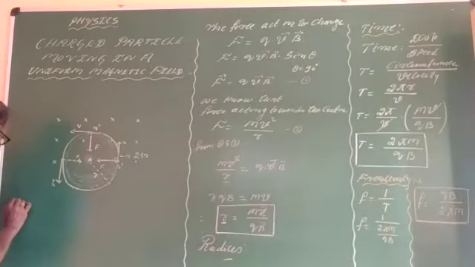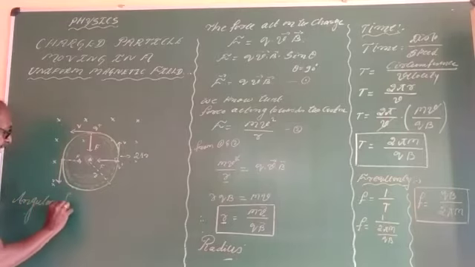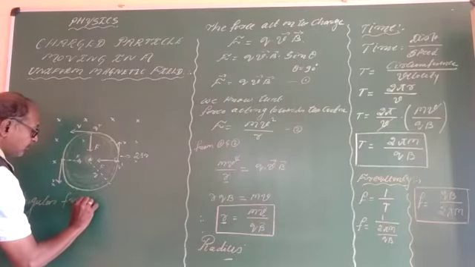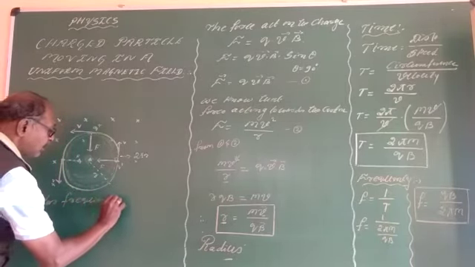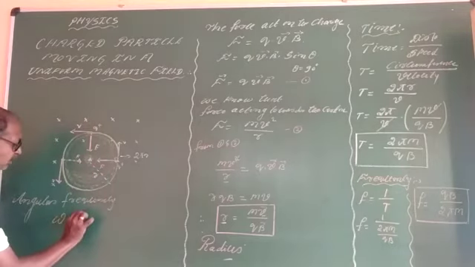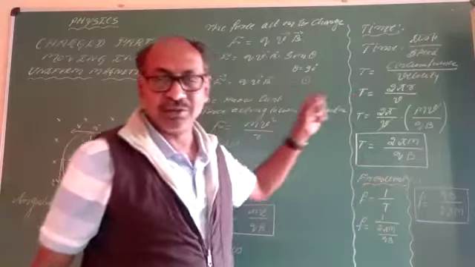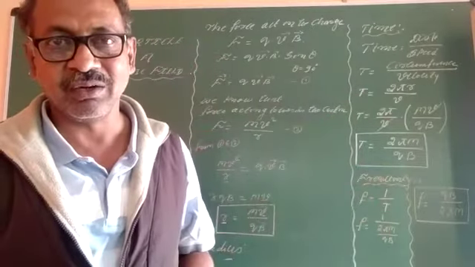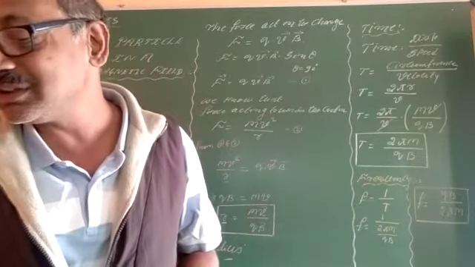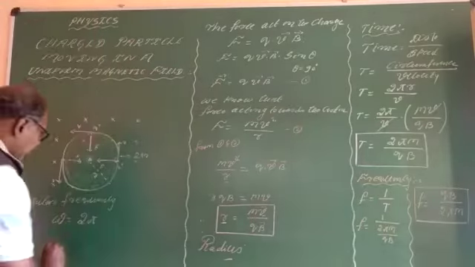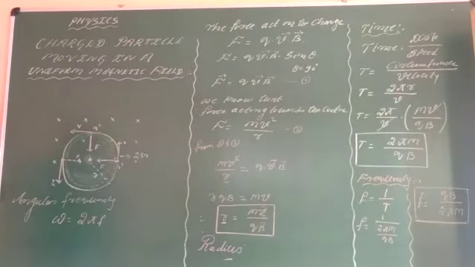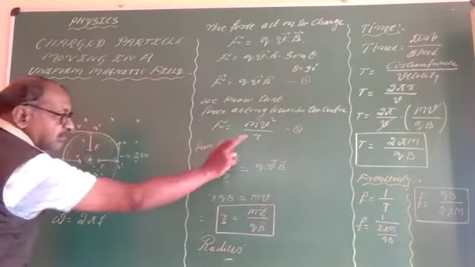So the angular frequency is given by omega is equal to 2 pi into the frequency, 2 pi into f.